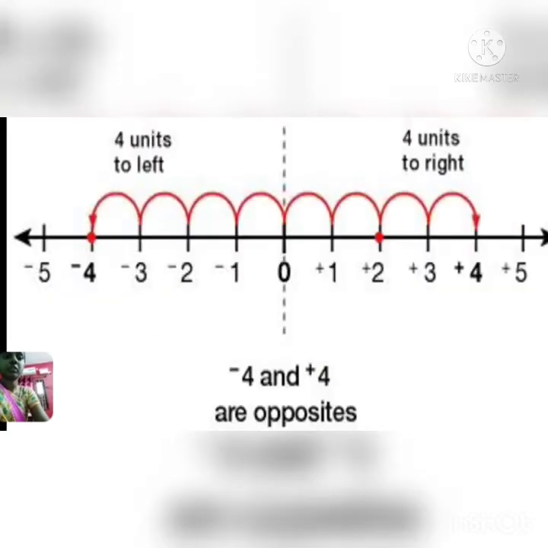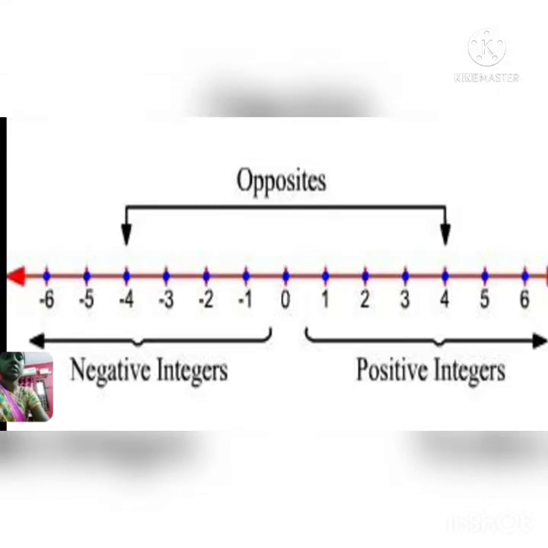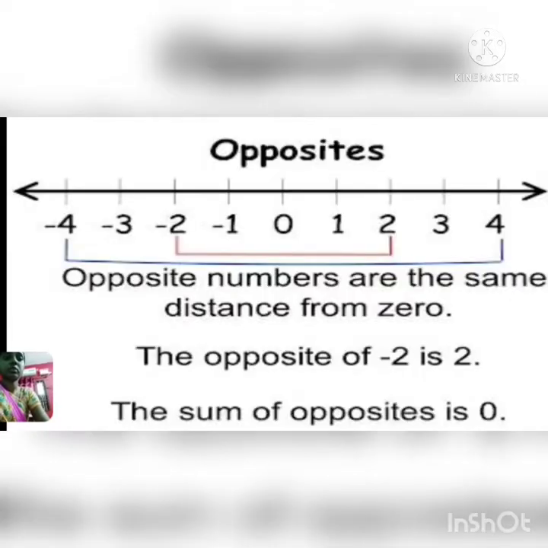Marking this on the number line, both the rabbits have moved 4 units, but one rabbit has moved to the positive side and the other rabbit has moved to the negative side of the number line. That is, one rabbit has moved to the plus 4 position and the other rabbit has moved to the minus 4 position.